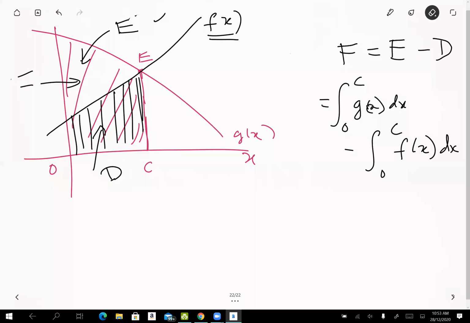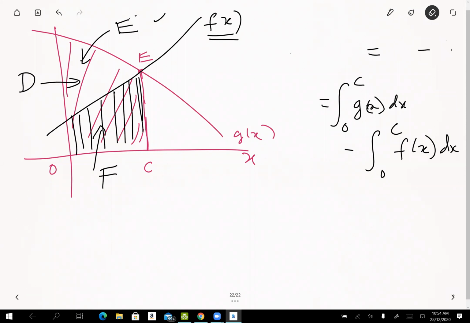So relabel them, okay? So that will be consistent with the first area that we already labeled. So the area we want is D, all right? And that will be equal to the area E, which is the area under G, minus the area under F, call it F, capital F. Okay, so therefore, we rewrite everything here.